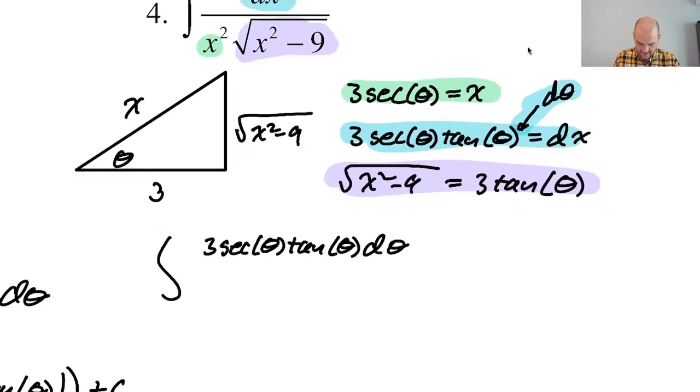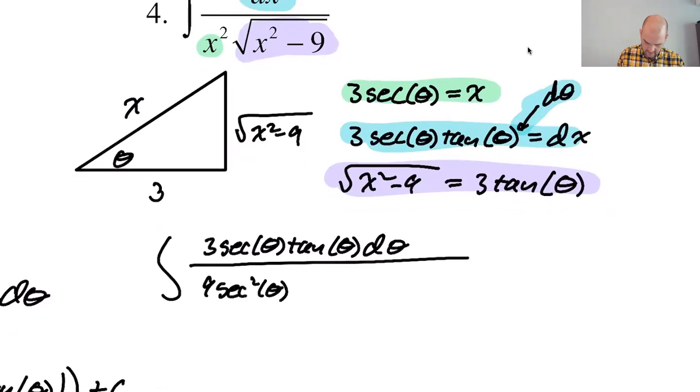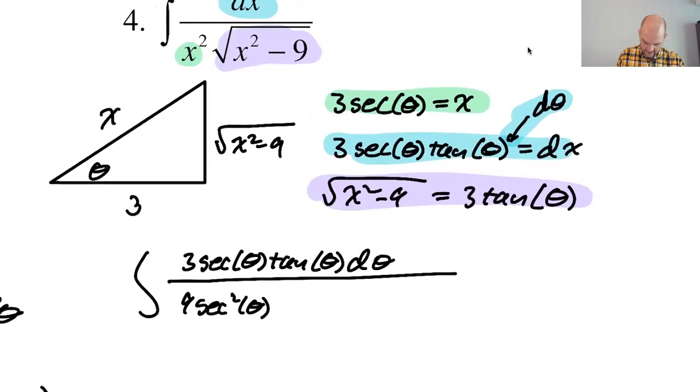Okay, and then x, so I'm gonna write 9 secant squared. And then the radical is 3 tan. All right, so what cancels? Some stuff like this, that, and then one of the secants.